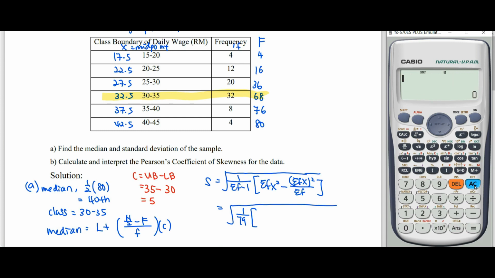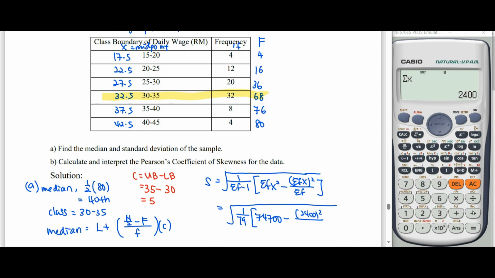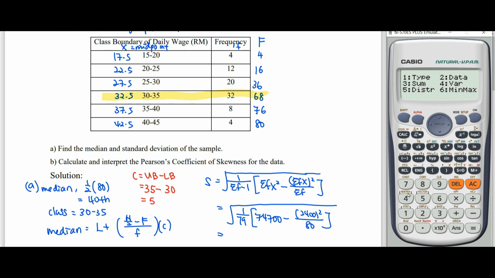Afterward, we press AC to minimize. Then we press shift 1 to find the sums that you need, which is sum of x squared, then sum of x. Total frequency 80. So lastly, this is the standard deviation.